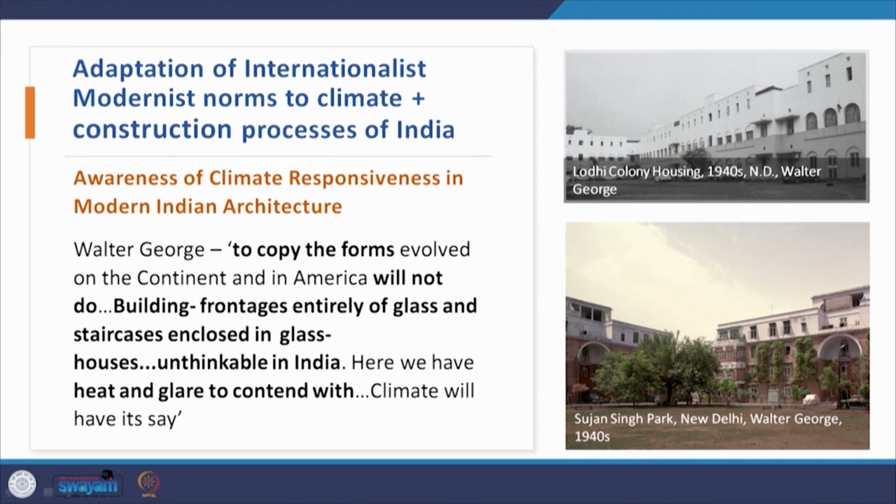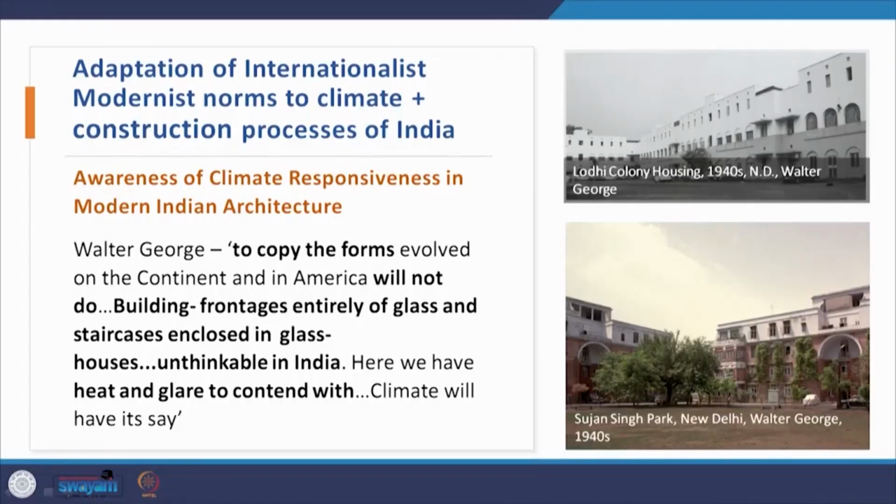There was a very clear awareness of climate responsiveness in modern Indian architecture at the time. You find that in the Lodi colony housing by Walter George in the 1940s in Delhi. You find that in the upmarket Sujan Singh Park housing in New Delhi, again by Walter George in the 1940s.